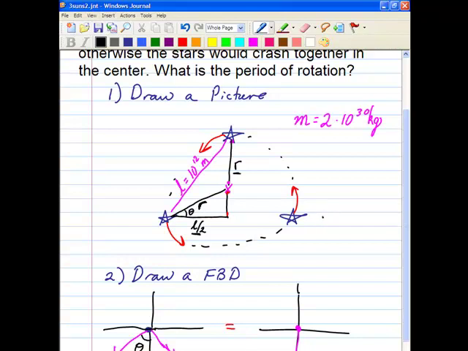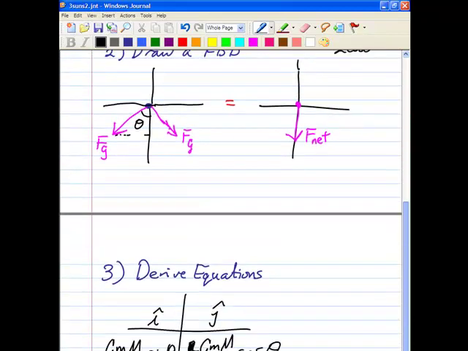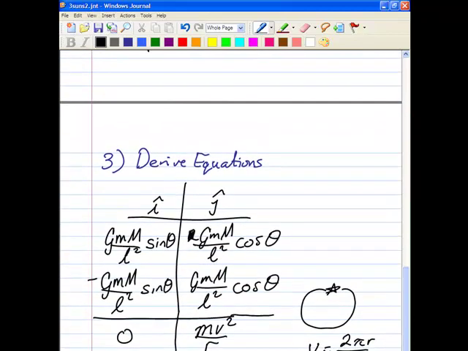So we know that cosine of theta is adjacent over hypotenuse. And if we were going to put r in terms of L, then r is going to equal L over 2 cosine theta. Let's throw that in down below. When we solve for it next, r is going to equal L over 2 cosine theta.